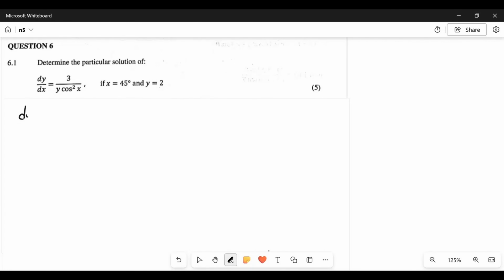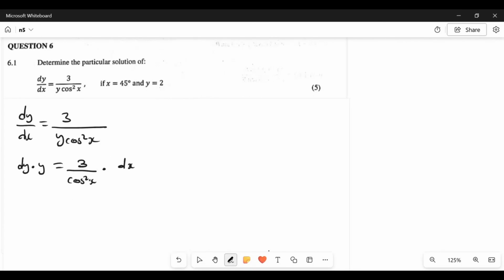There we have dy over dx equaling 3 over y cos squared x. There we go. If we cross multiply here, dy is going to be multiplied by y, which is going to be equaling 3 over cos squared x, multiplied by dx.